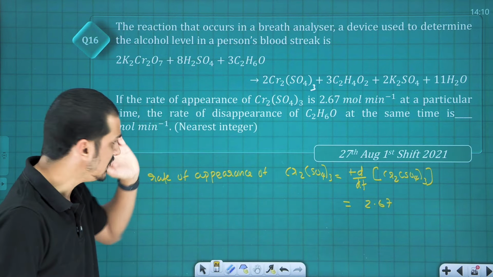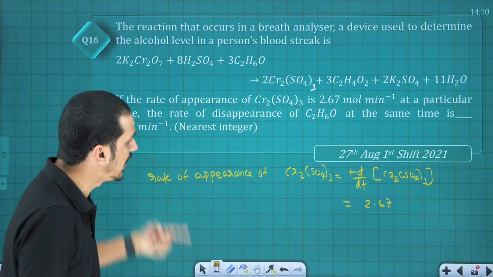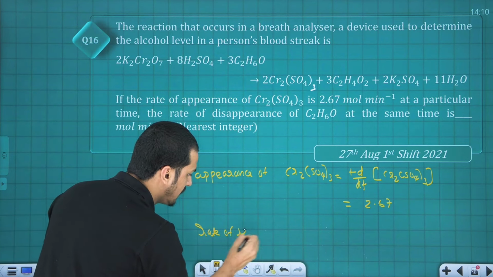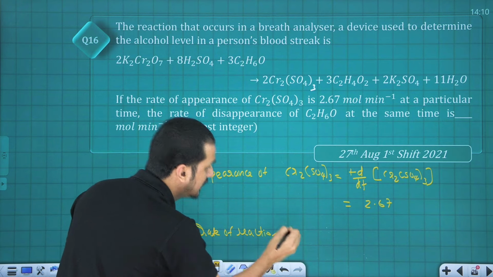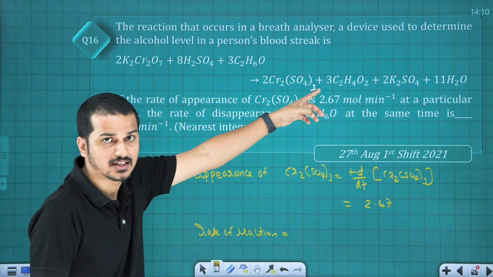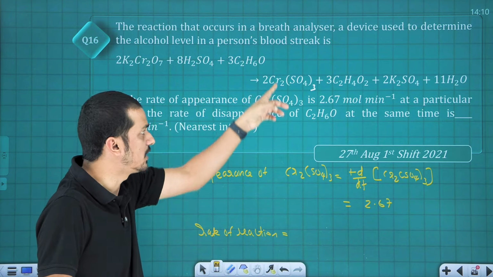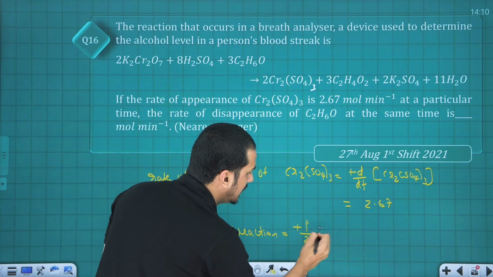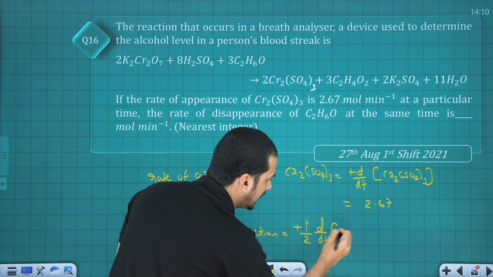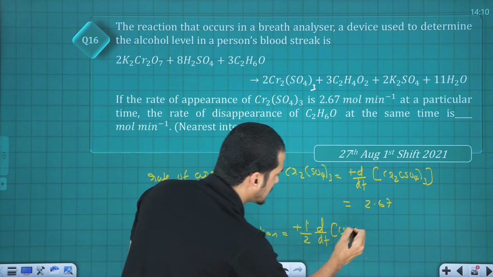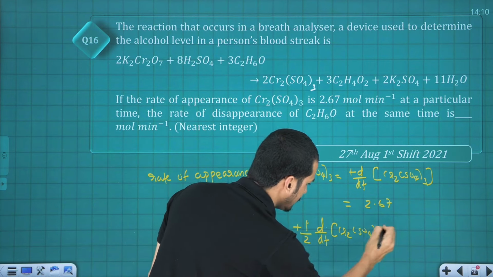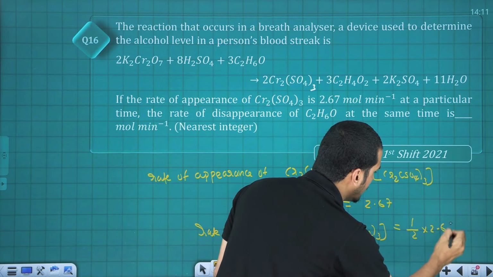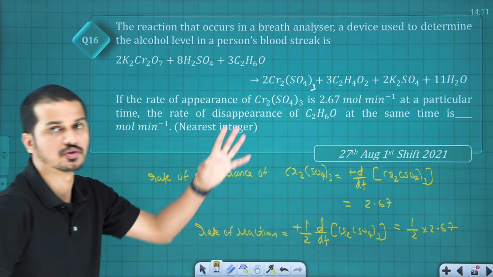Then from that we can find out the rate of reaction. What about the rate of reaction? In the case of Cr2(SO4)3, the rate of appearance divided by 2, that stoichiometric coefficient we have to divide. That's equal to plus 1 by 2 d by dt of Cr2(SO4)3. So that's equal to 1 by 2 into 2.67.